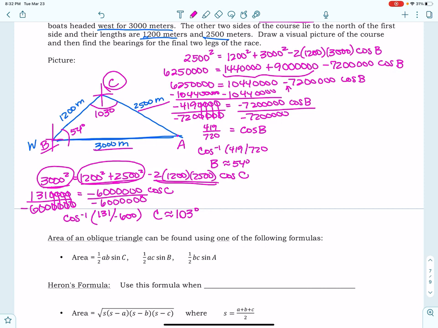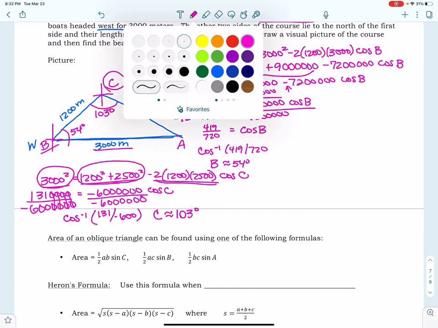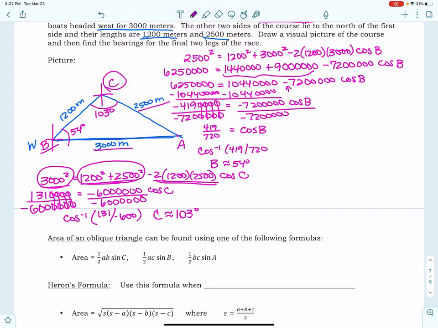So we do need to look at a few things in order to get our bearings. The easiest way to do this is to look at this first one for angle B right here. I've got 54 degrees right here. That means this angle right here is 90 minus 54, which would make it 36.